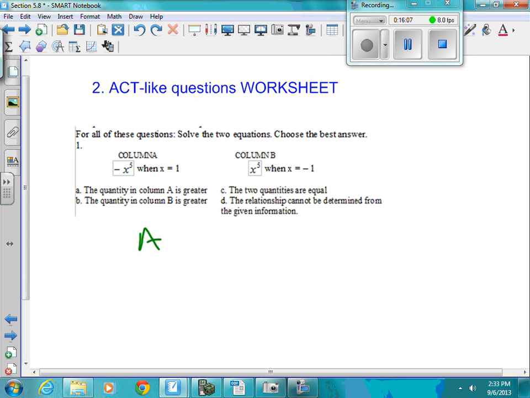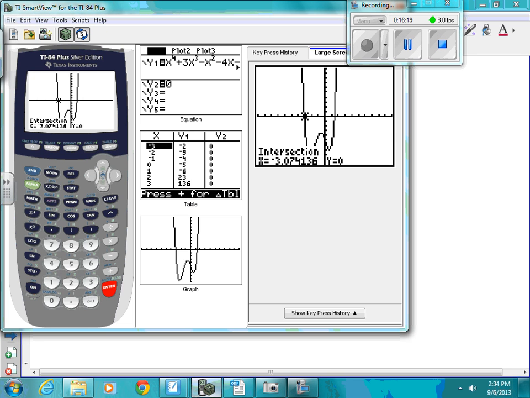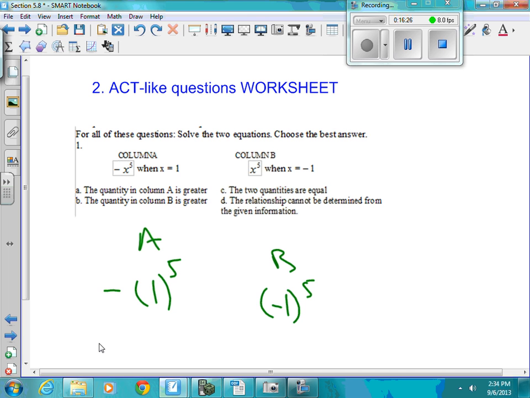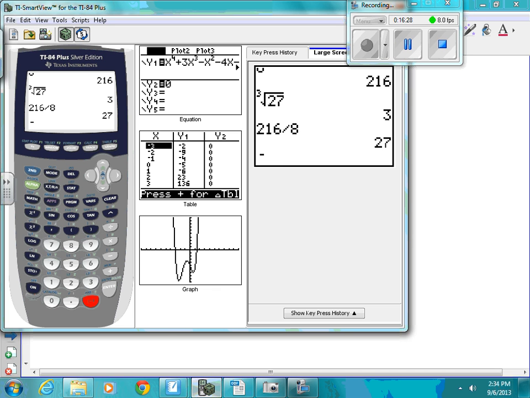So for column A, negative 1 to the fifth, and column B would be negative 1 in parentheses to the fifth. Well, negative 1 to the fifth, if we plug that in our calculator, negative parentheses 1 to the fifth is negative 1.